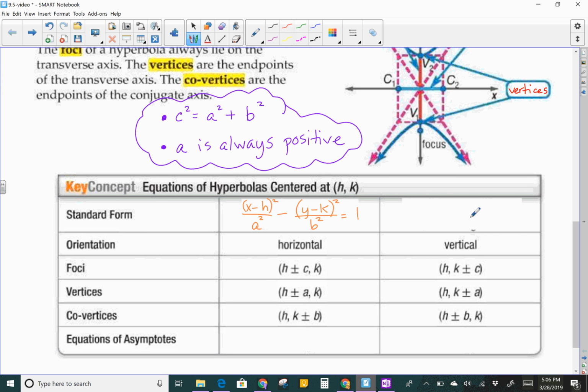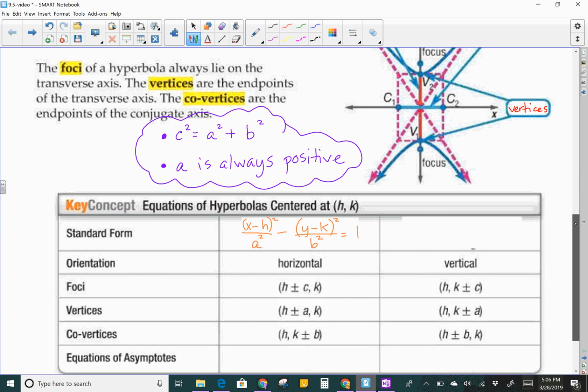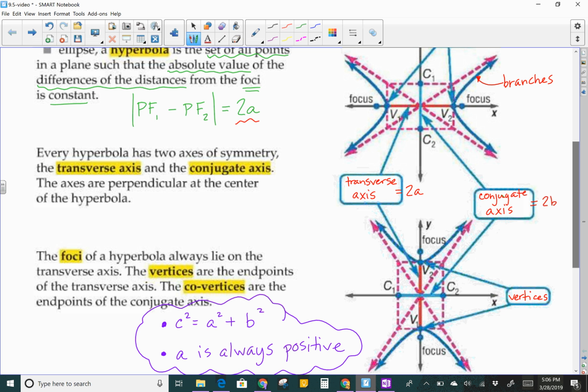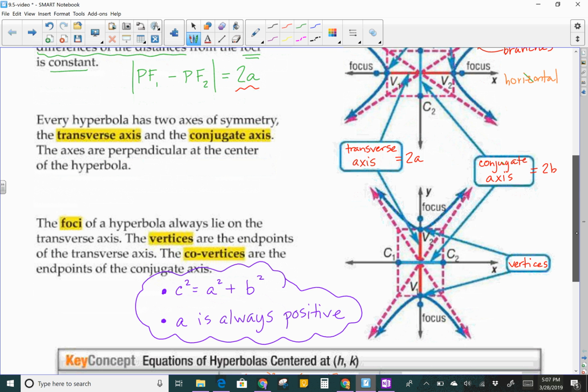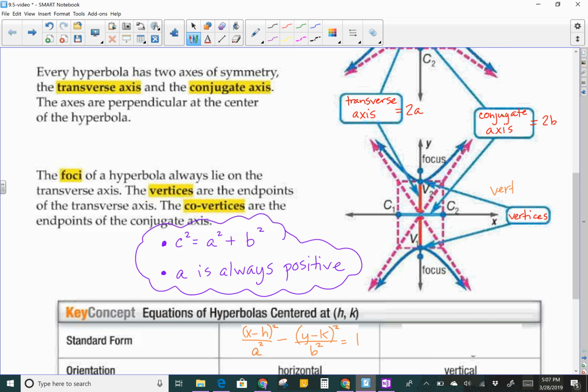Okay, and so the key, as we pointed out up here, is that one of them is horizontal. This one right here is considered horizontal because the branches are intersecting your x-axis, and this one is referred to as vertical because the branches are intersecting the y-axis.